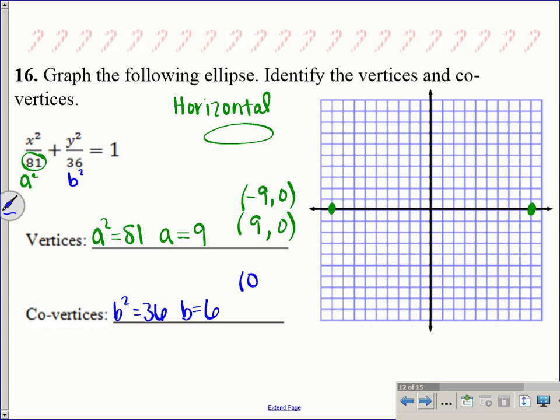So that means up 6 and down 6. Of course, you can use the plus or minus sign and just write the coordinate once. Up 6, down 6. And then go ahead and make a nice sketch of your ellipse. Okay, now generally you have to do the foci, but since it doesn't ask for them in this problem, I'm going to just leave it at that.